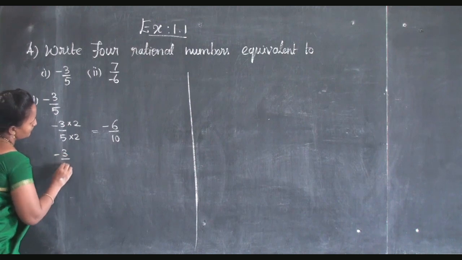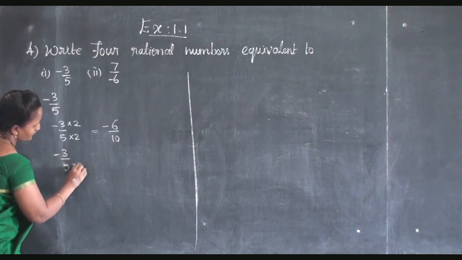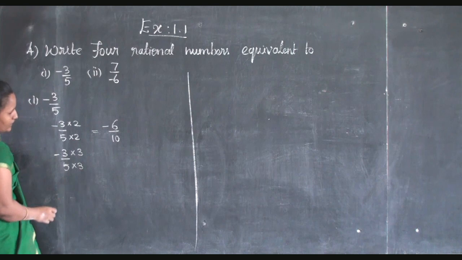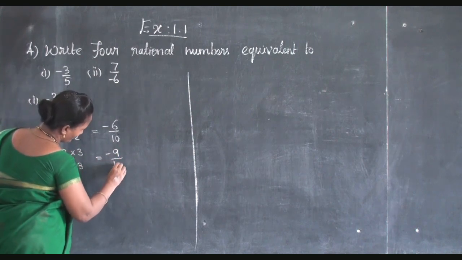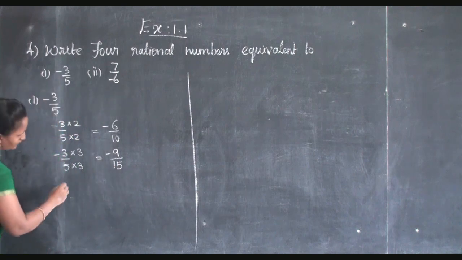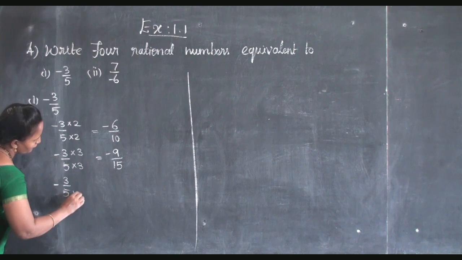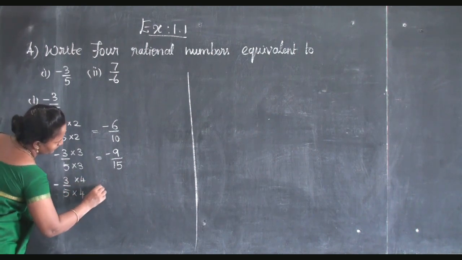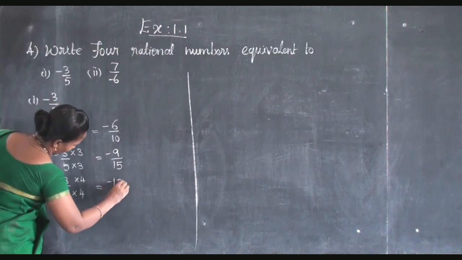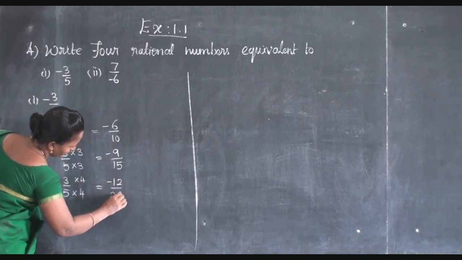And then minus 3 by 5 multiplied with 3, we get minus 9 by 15. And then minus 3 by 5 multiplied with 4, we get minus 12 by 20.